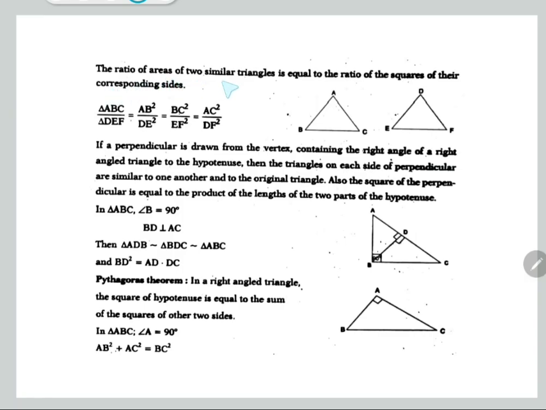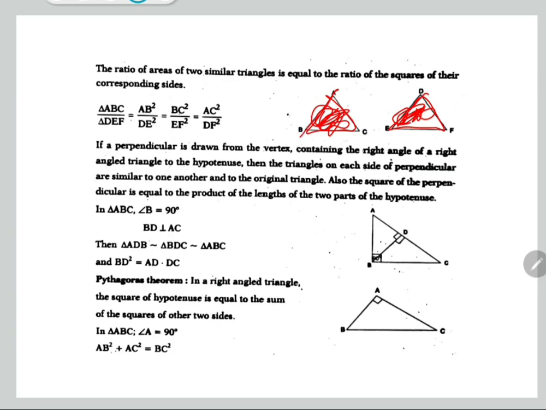The ratio of the areas of two similar triangles is equal to the ratio of the squares of their corresponding sides. The ratio of the area of triangle ABC to the area of DEF is equal to the ratio of the squares of their corresponding sides.